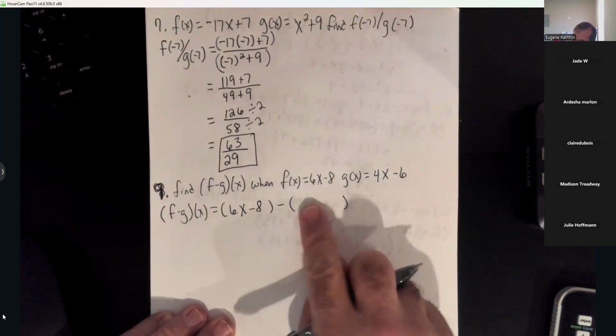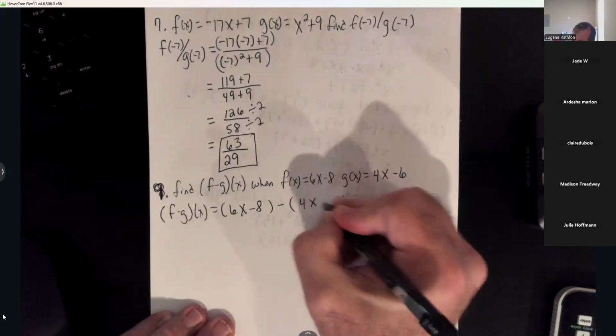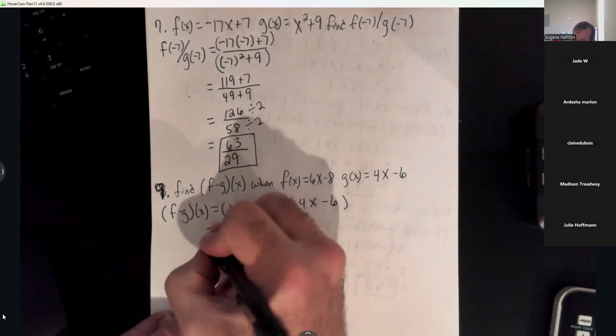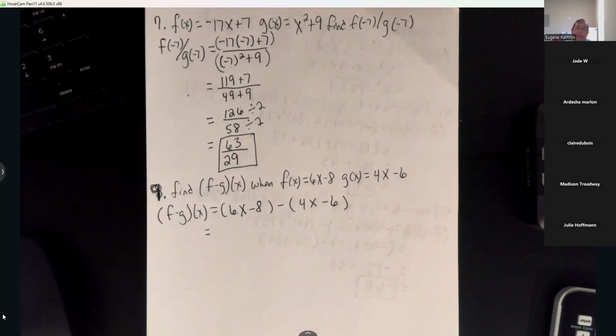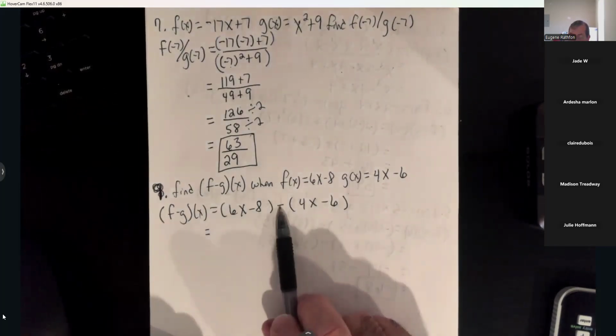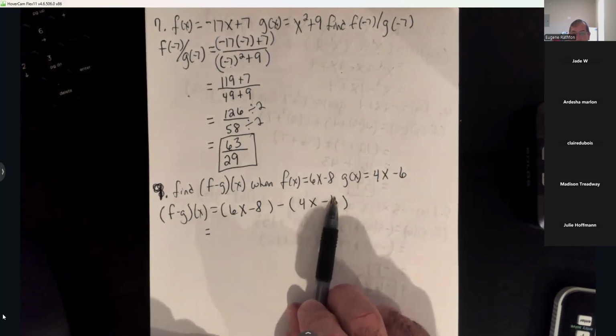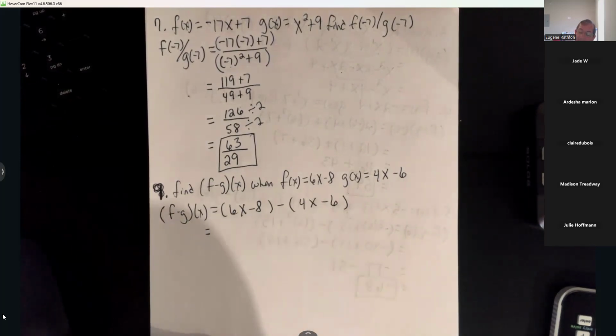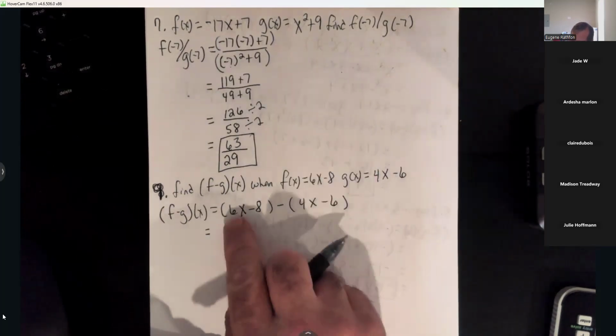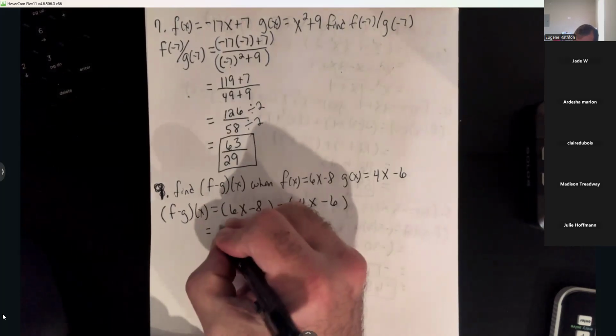My g is 4x minus 6. So, y'all, this is the one where I said on subtraction, you got to distribute your subtraction through the second parentheses. That's my first step. So bring down the 6x minus 8.